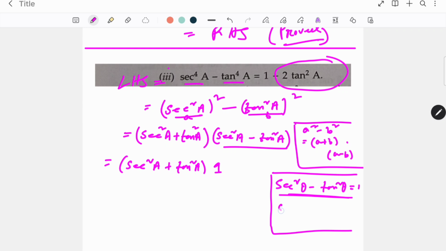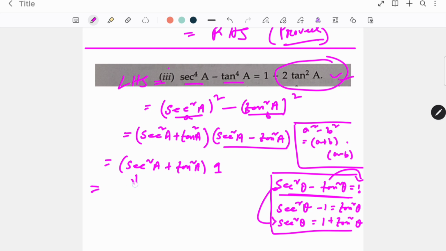That means if we write sec square theta and bring this 1 to the LHS, it will become tan square theta. Same way, if we want to convert sec square theta, we can write it this way: sec square theta is equal to 1 plus tan square theta. So in our question, in the RHS only tan is required, sec is not there.